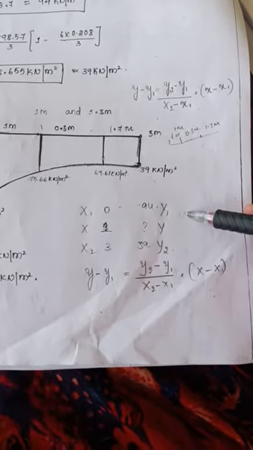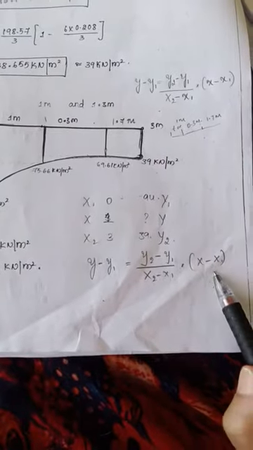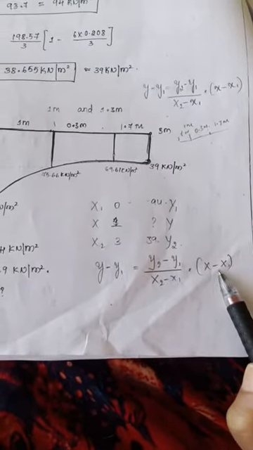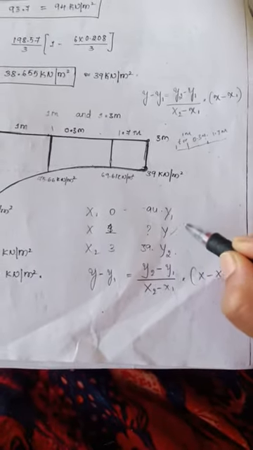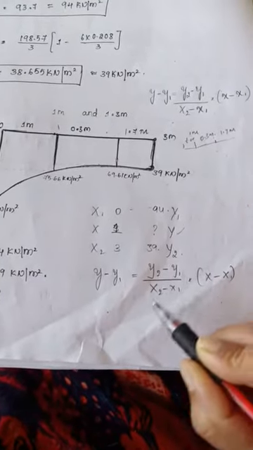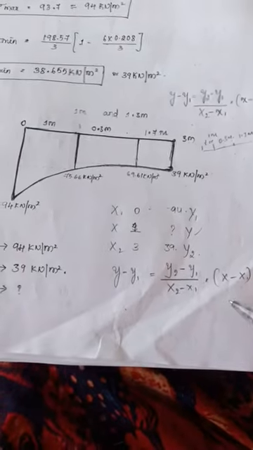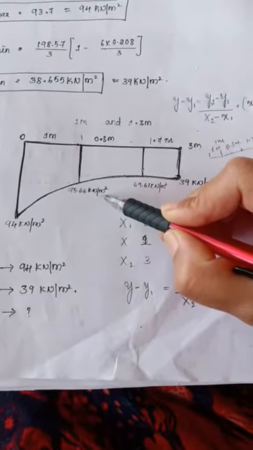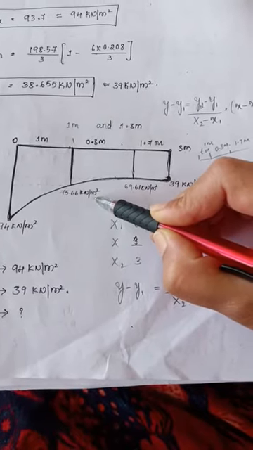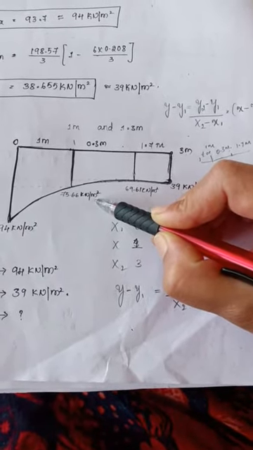To find the unknown values, we use this formula. Using this formula, the unknown value y is calculated by substituting the corresponding values. For 1 meter distance, we get an upward pressure of 75.66 kilonewton per meter square.